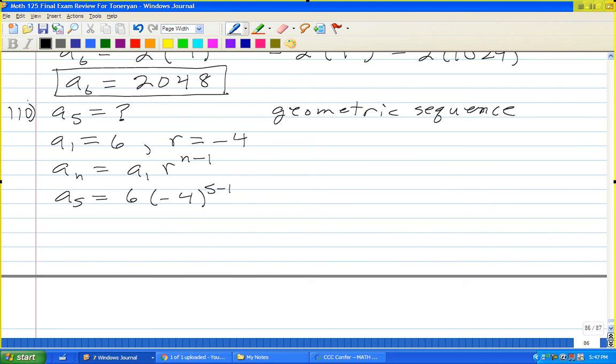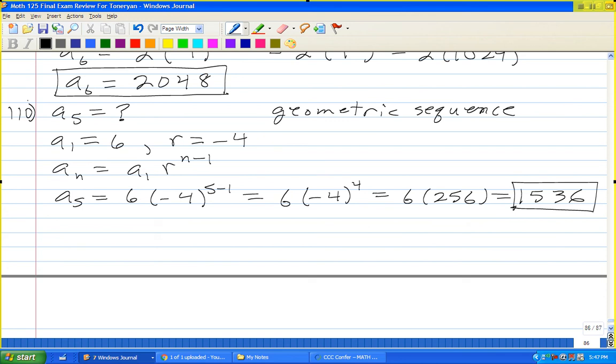And so this is equal to 6 times negative 4 to the fourth, which is equal to 6 times 256. And so I get 1,536.